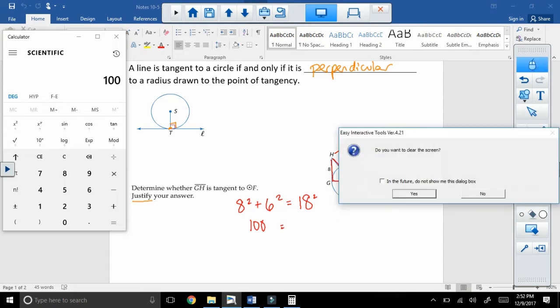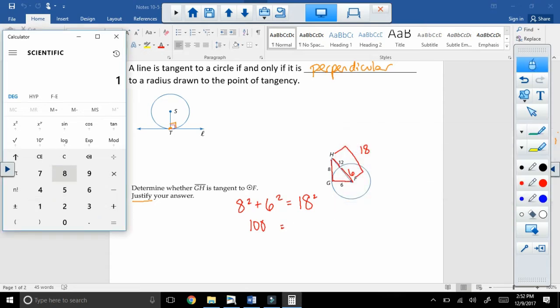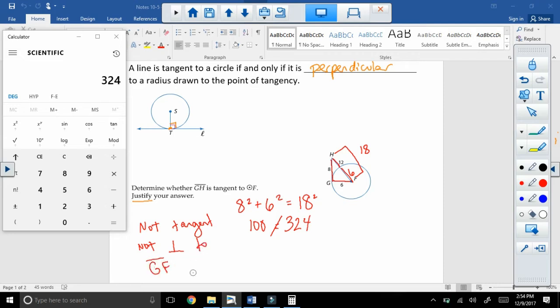And then you can figure out 18 squared is 324. And because those are not equal, this would not be tangent. So where it says determine whether it's tangent, you could just say it's not tangent. And to justify your answer, you could say it's not perpendicular to GF.